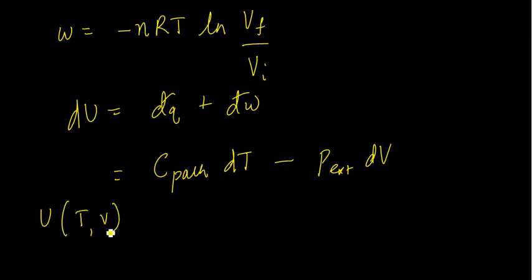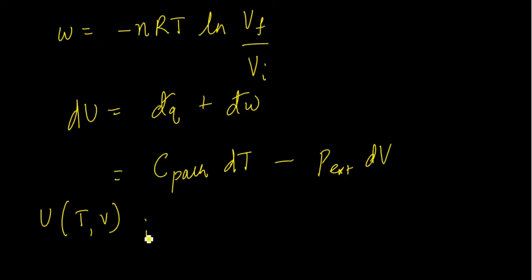I could have chosen some other variables, that's fine, but these are the natural variables that come. All these variables are connected. I know that pressure is a function of temperature and volume, so I could have written U as a function of anything for that matter, because pressure, temperature, volume are also connected by the equation of state. We choose these two variables because it's more natural.